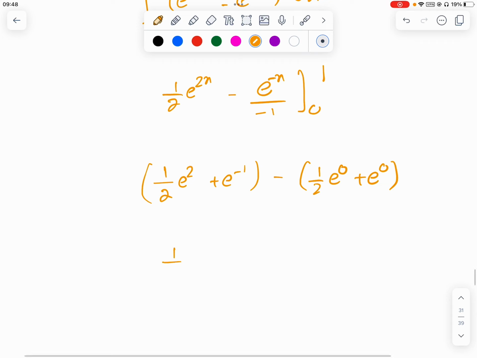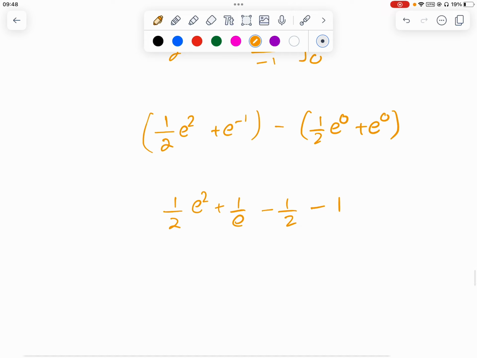So it becomes 1 upon 2 e square plus 1 upon e, minus 1 upon 2 and minus 1. So what am I going to take common? I'll take 1 upon 2 common. So e square plus 2 upon e minus 3. That's going to be the answer.